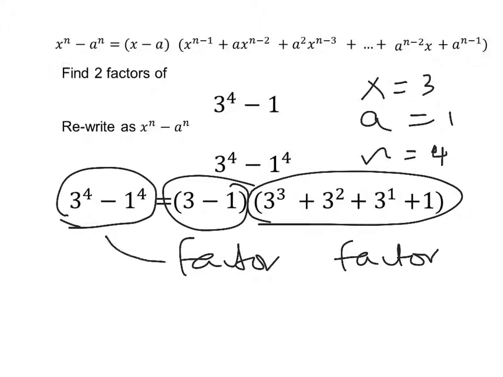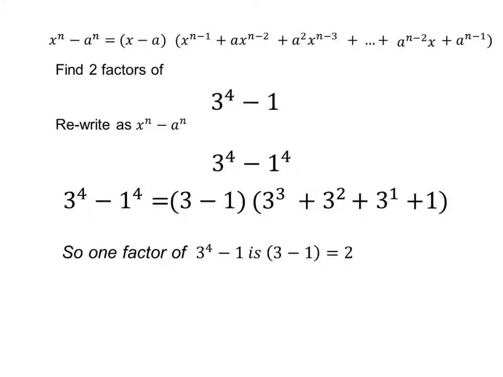So this has two factors. It has one factor times another factor. So then we can make our conclusion that 3 minus 1, which is 2, is a factor of this big number. 2. So that's our conclusion. 3 minus 1 is 2. This minus 1. This is one factor of this.